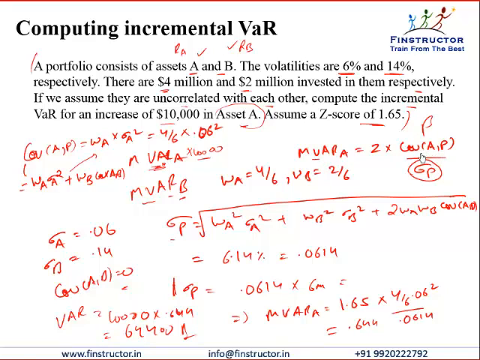To compute the covariance of another asset with the portfolio, it will be the weight of that asset multiplied by the variance of the asset plus the weight of the second asset multiplied by the covariance of that second asset with the first asset. Just remember this formula also, it may be needed to compute the covariance, and that will help us calculate the marginal VAR. Marginal VAR multiplied by the increase in the asset will give us the incremental VAR.